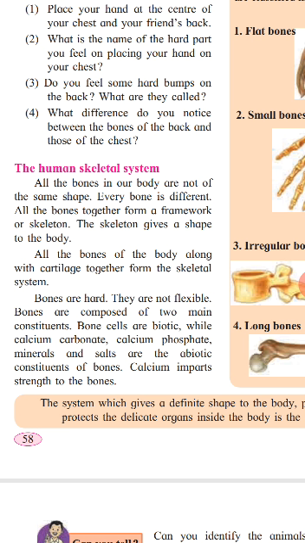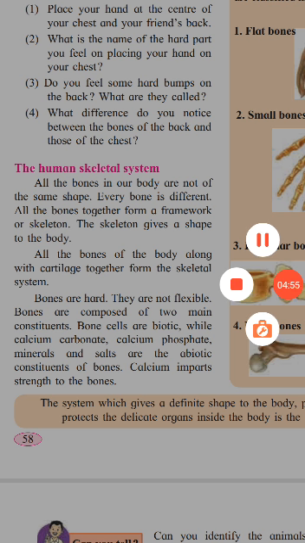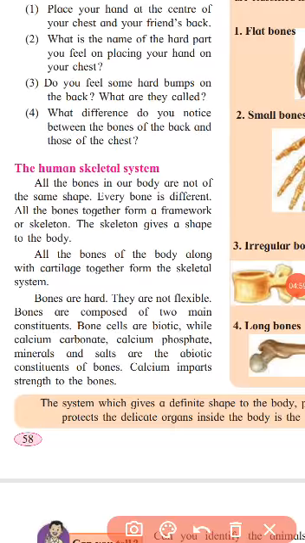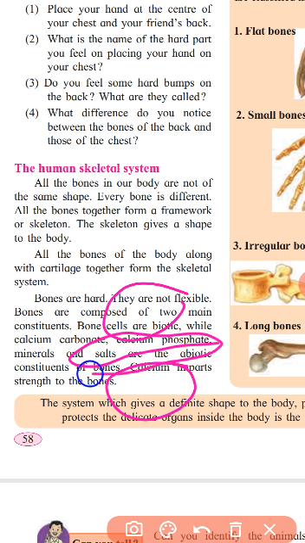All the bones of the body along with cartilage together form the skeletal system. Students, what is cartilage? Let me show. Cartilage means what? There are two bones, okay, and between them there is a soft part.